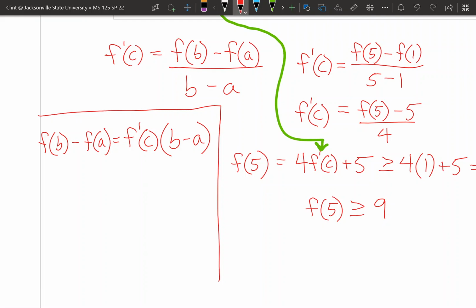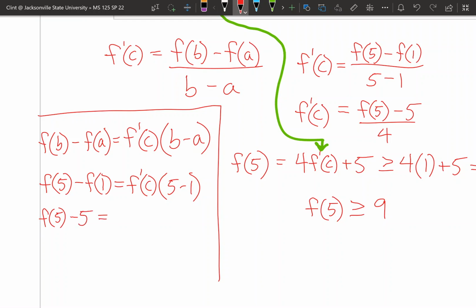We would have f of 5 minus f of 1 equals... f of 5 we don't know. F of 1 is 5. And then this thing over here just turns into 4 times f prime of c, because 5 minus 1 is 4.